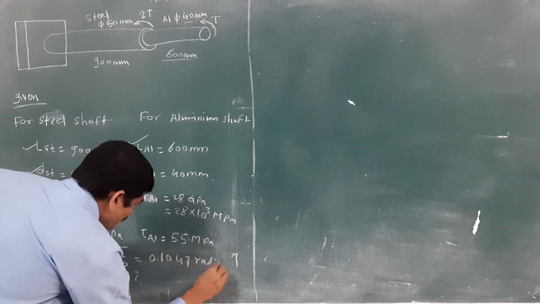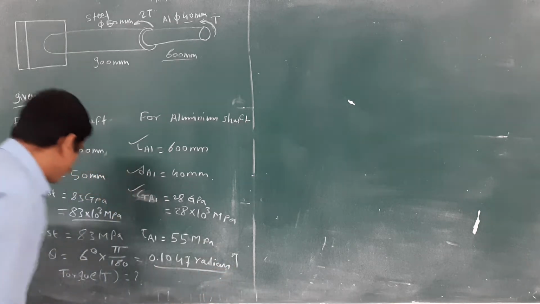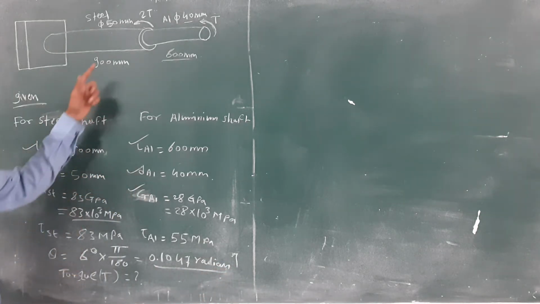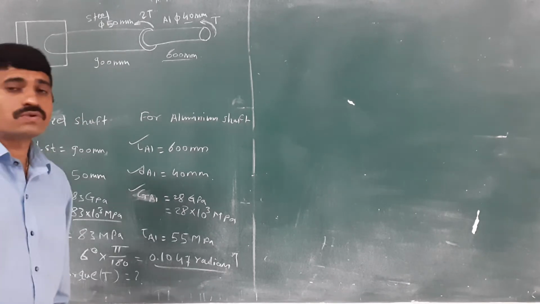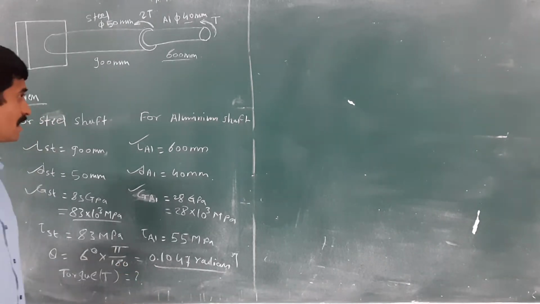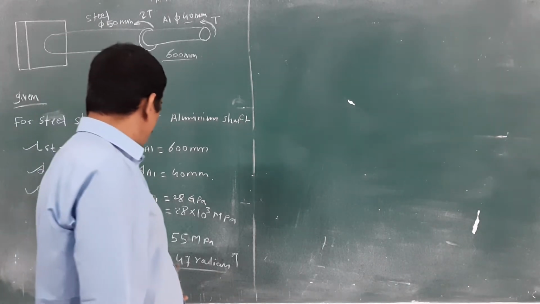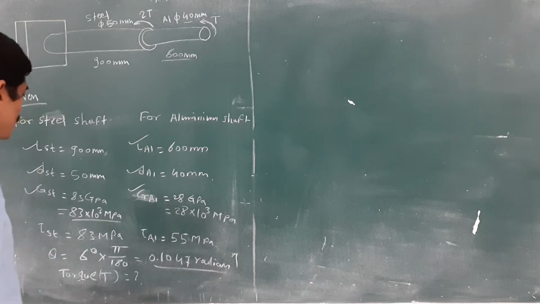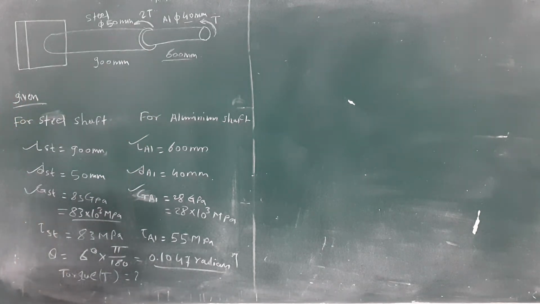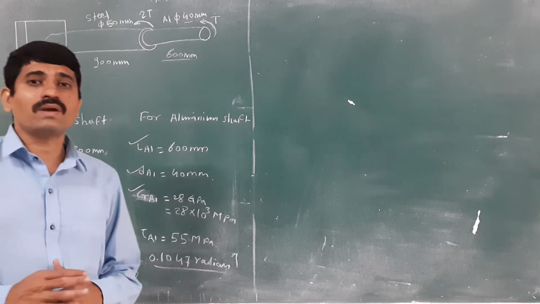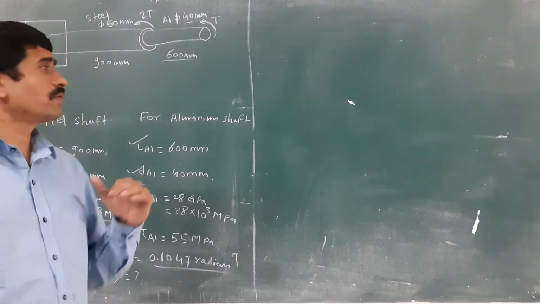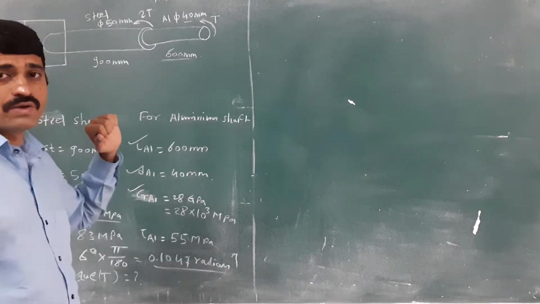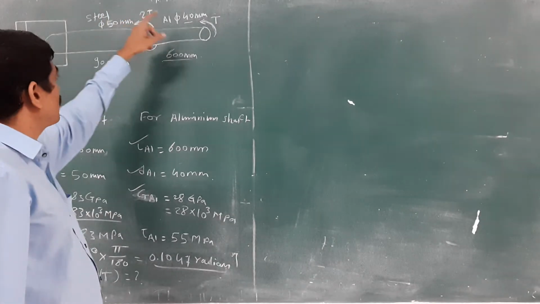radian. Okay, guys, remember that if theta is given in degree, then you should convert it into radian. Then you will get 0.1047 radian. Then what do we want to calculate? We want to calculate the maximum torque induced in the given shaft.